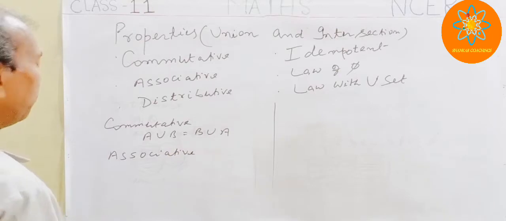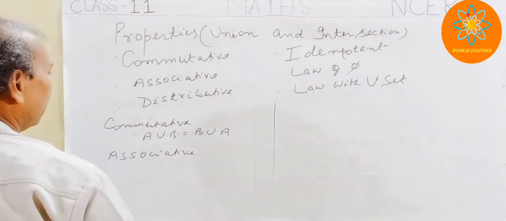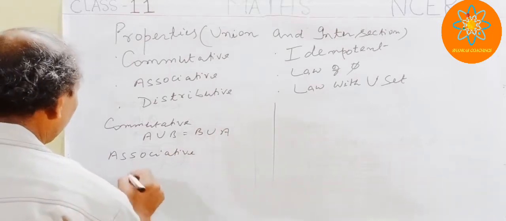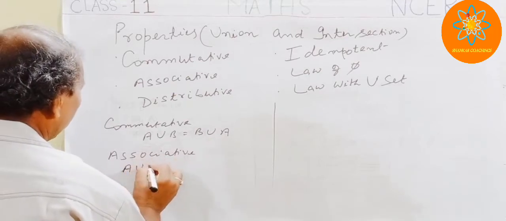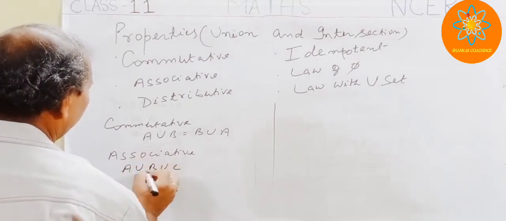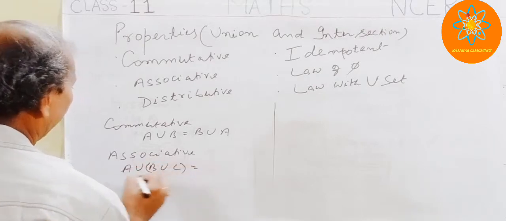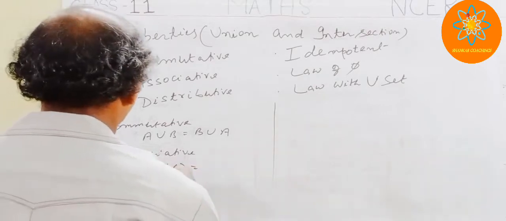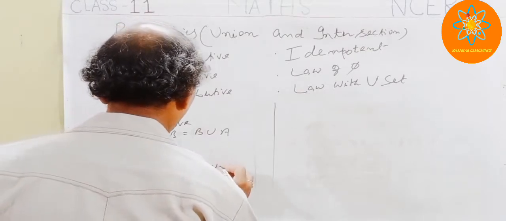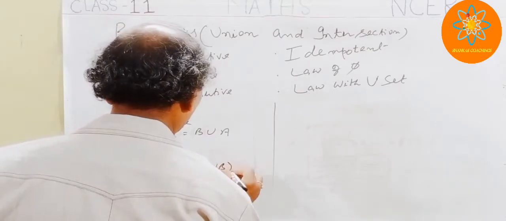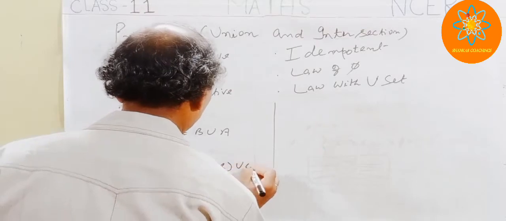Suppose three sets are given. Associative property means A union B, union C, is equal to A union, B union C.